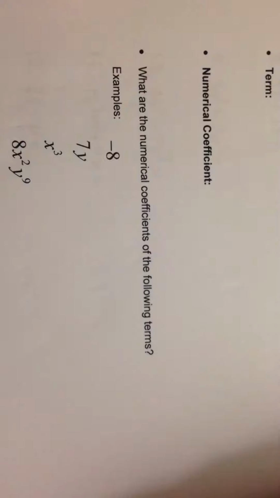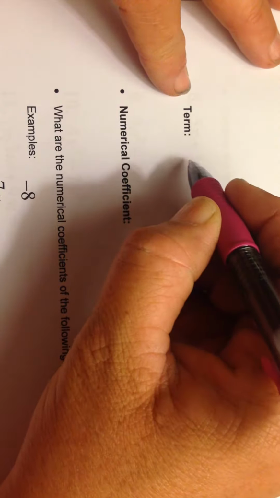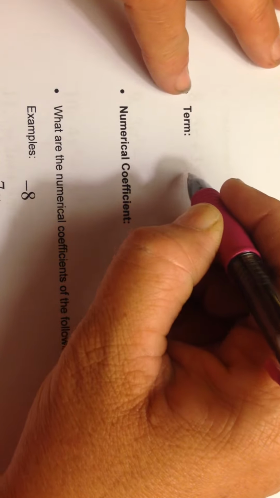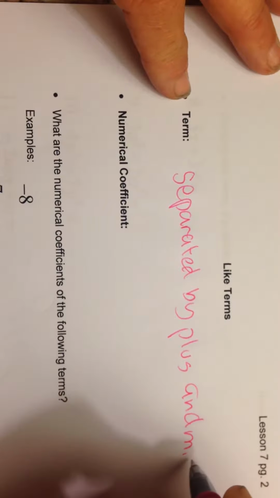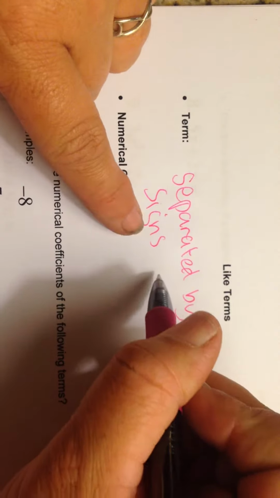Now we're going to talk about like terms. A term is anything that is separated by plus and minus signs. It can be a straight up number.